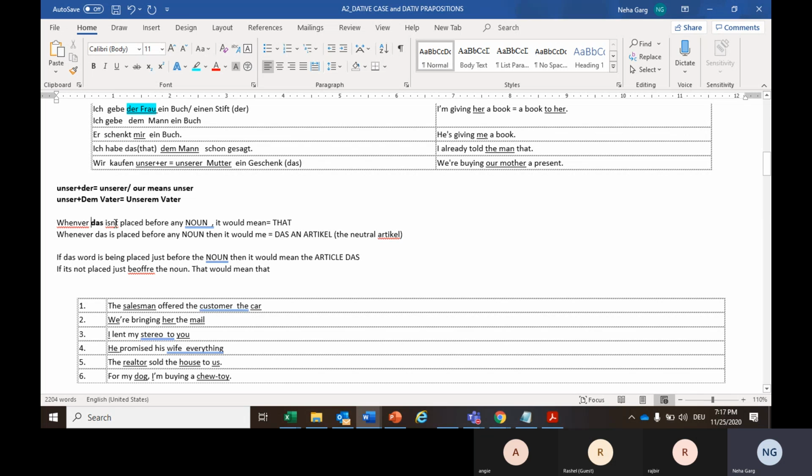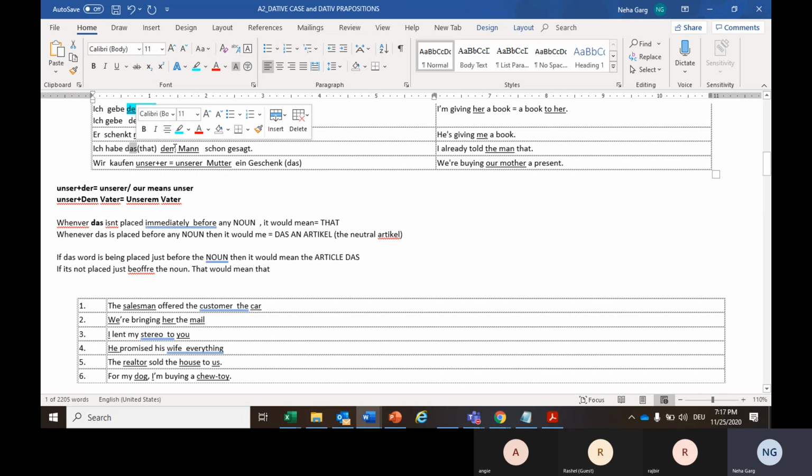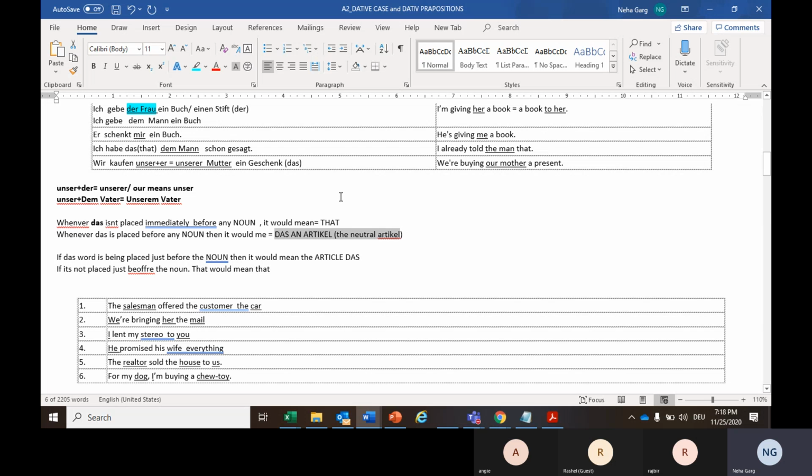Whenever das is not placed immediately before any noun, then it would mean "that". For example, here, before man, we have placed the dative article, so this das is not placed immediately before man. So this means "that" here. But whenever das is placed immediately before any noun, then it would mean das as an article. Is it clear? Please note it down before we proceed further.